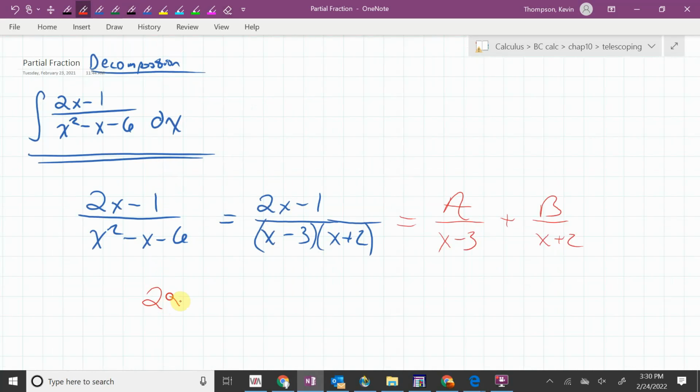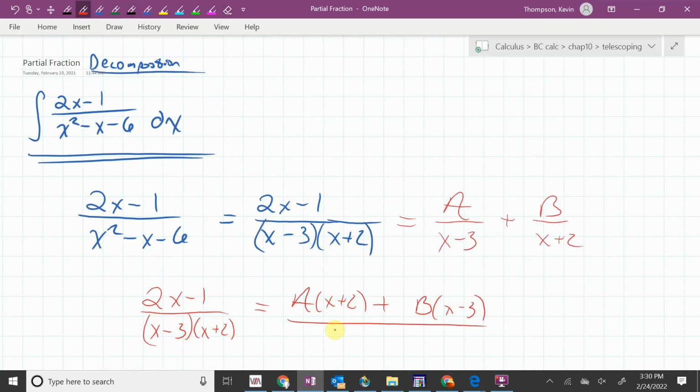So partial fraction decomposition actually begins with the algebra step that you'd expect. So I'm going to write a times x plus 2 plus b times x minus 3 all over x minus 3 times x plus 2. You okay with that? Again, this really shouldn't feel like a calculus topic, just common denominators of fractions. Now, I'm trying to solve for a and b.